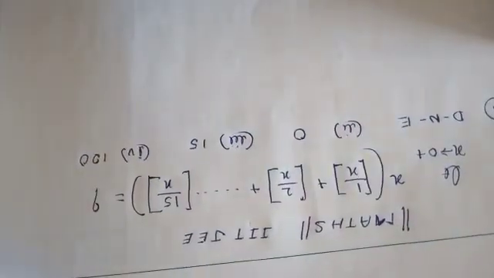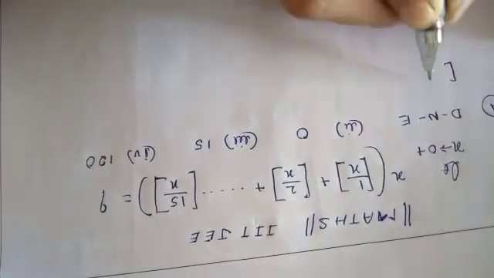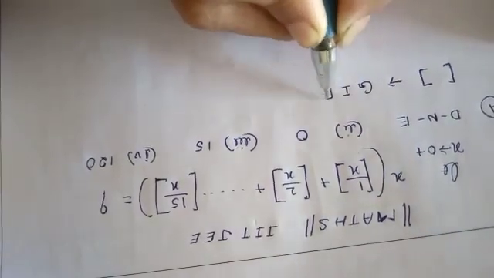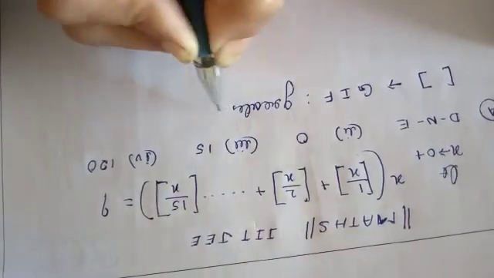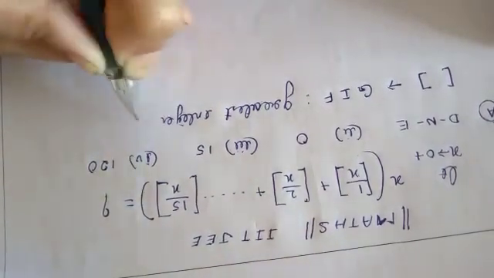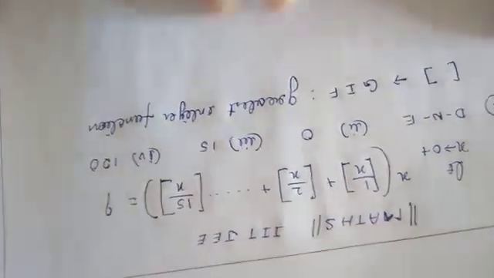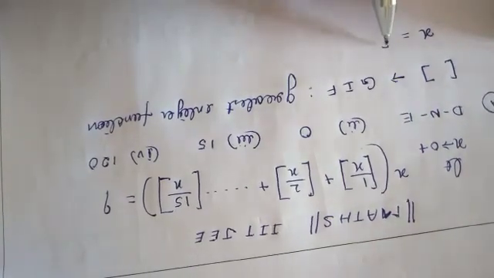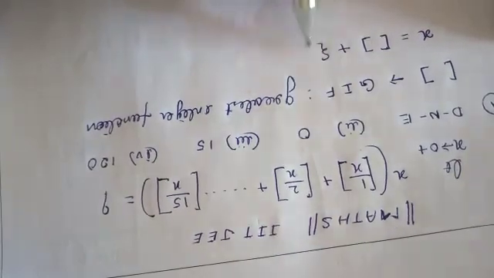Before starting this sum, let me tell you about the greatest integer function. This sign is said to be the GIF, which is the greatest integer function. Now you know that every number has an integral part plus a fractional part.